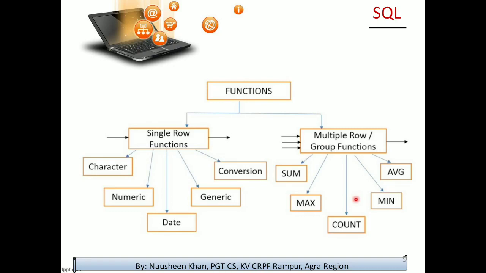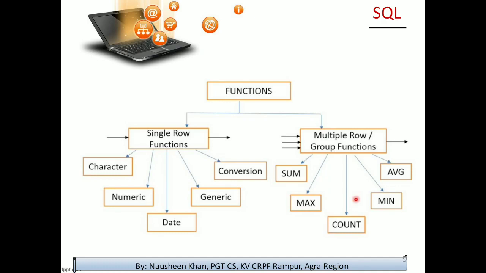Now by using this chart, we will be able to easily understand the difference between the different functions. In single row functions, there is a single input. This arrow denotes a single input and this arrow denotes a single output. Whereas in multiple row functions or group functions, there are multiple rows for input and a single row for output.